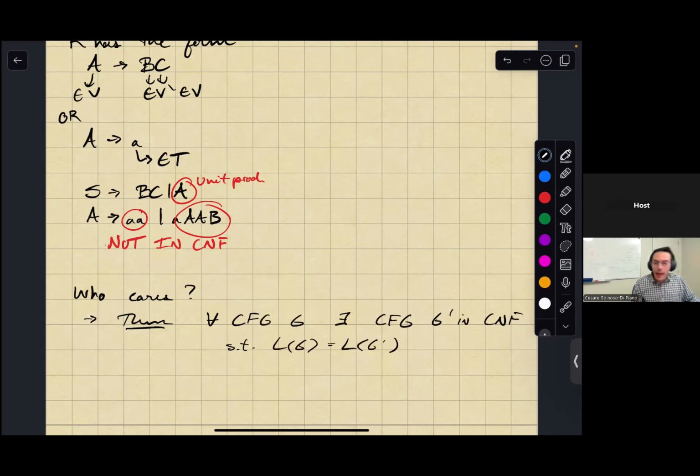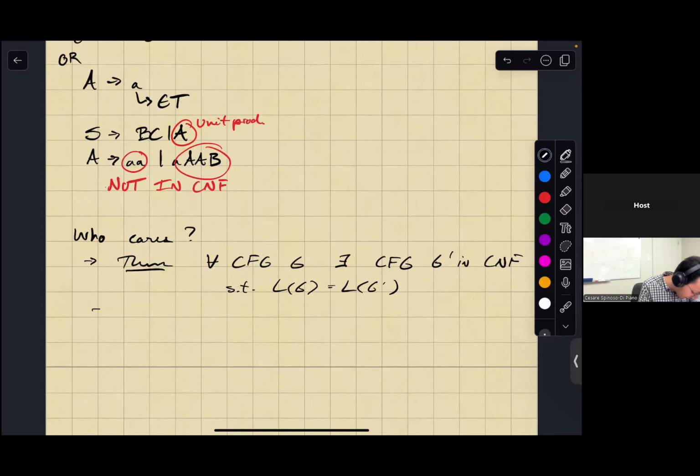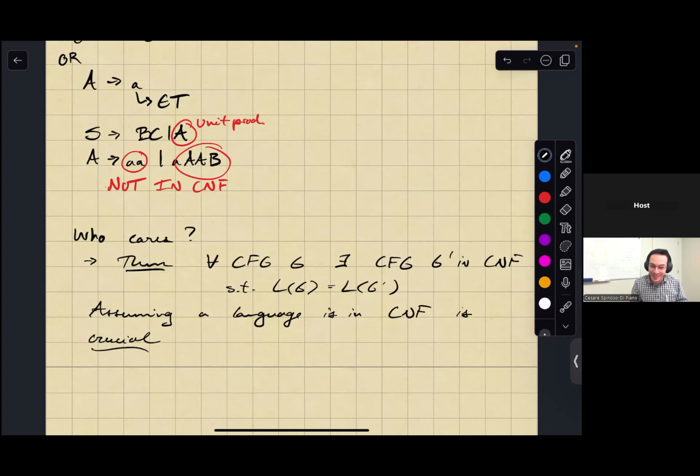Okay. And this is important because assuming a language is in CNF is in fact crucial. It's very important.